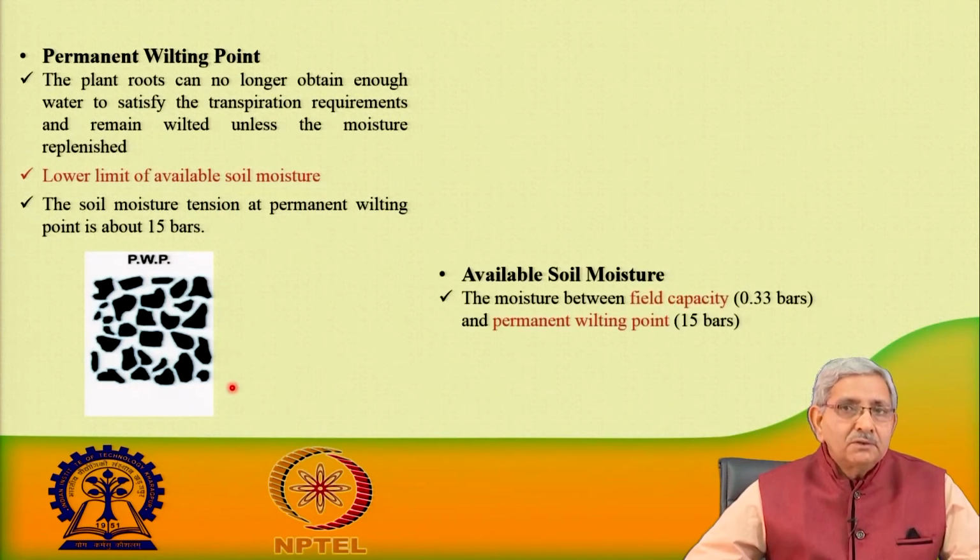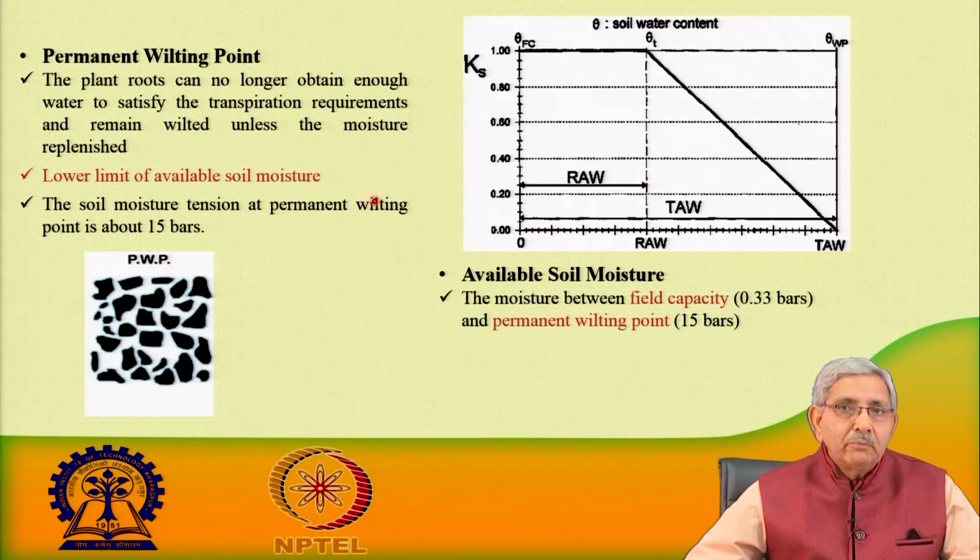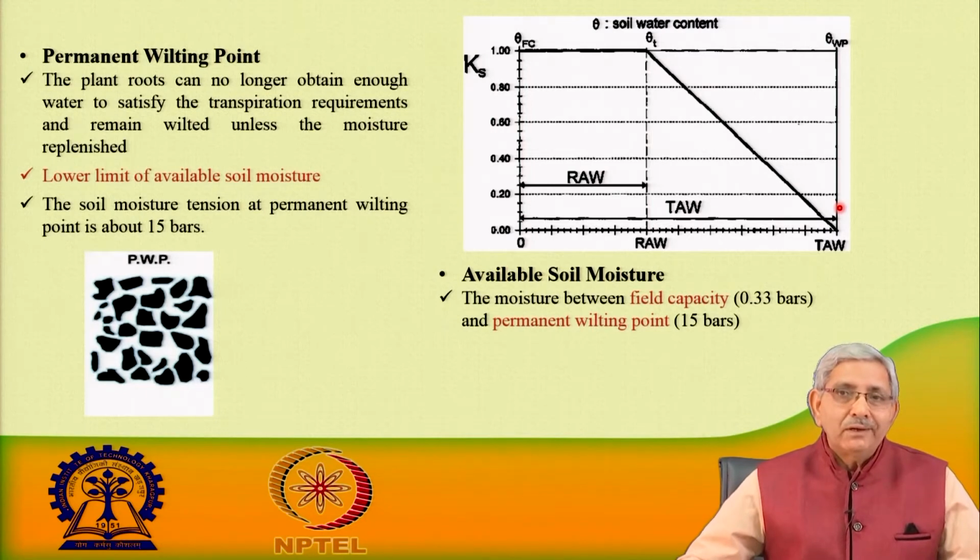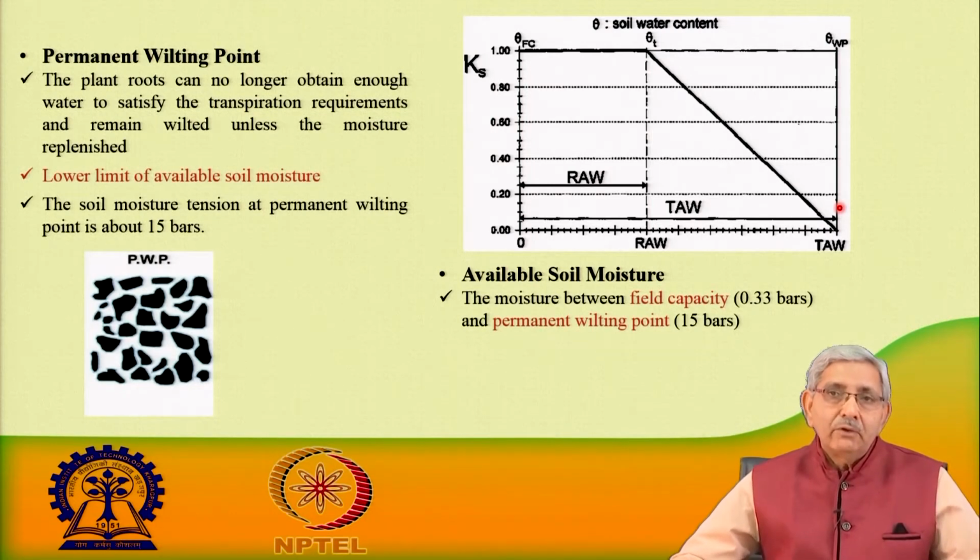Available water is the moisture content available between field capacity and permanent wilting point. Now, this particular diagram explains the total available water from field capacity, that is theta FC, to theta WP, that is the moisture content at wilting point.